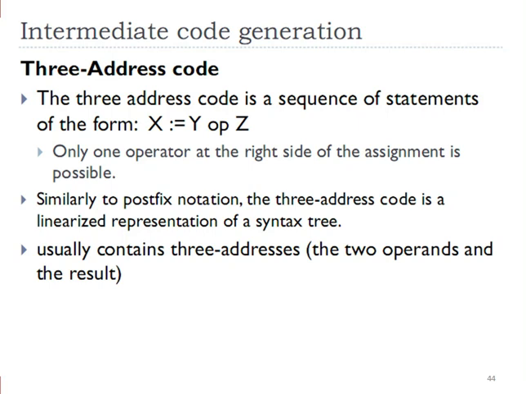The general form of this three address code is X assignment operator, Y, then another operator, then Z. So the maximum number of operands allowed is 3: X, Y, Z. The operands can be 1, 2, or 3.